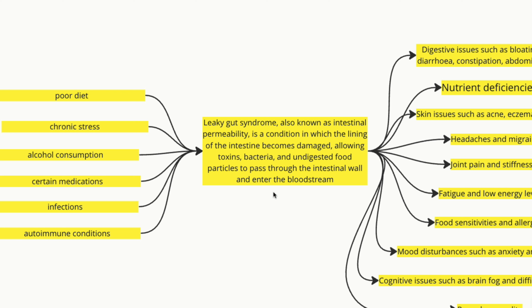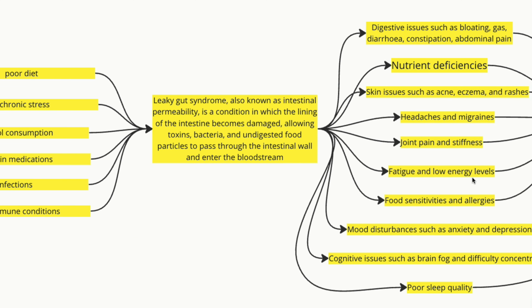No, they're thinking about the day-to-day emotional, physical, mental, spiritual symptoms that they're experiencing because of this leaky gut syndrome. And that is how you really connect with your potential customer.